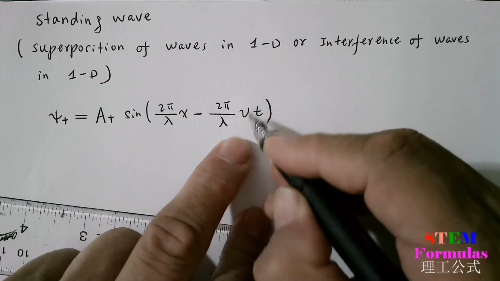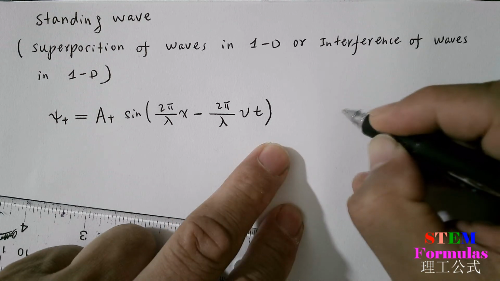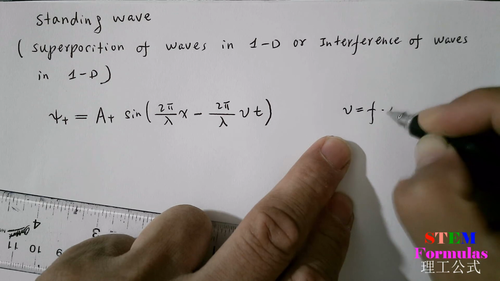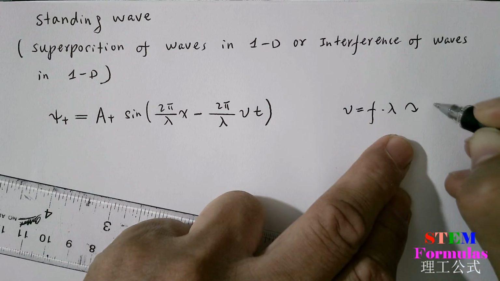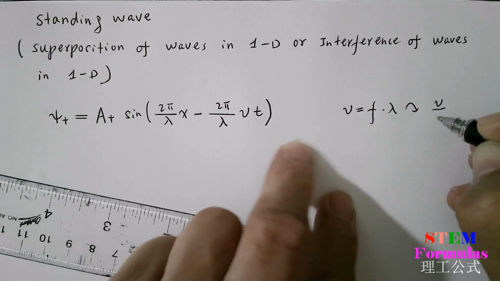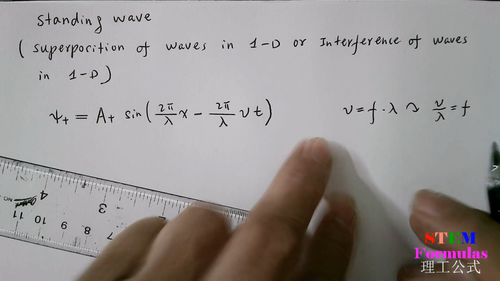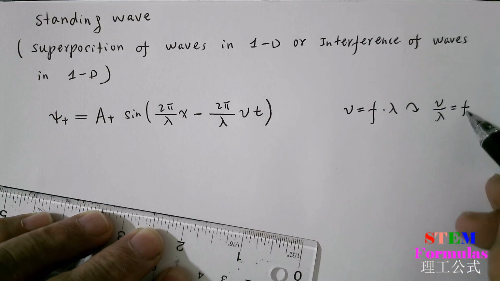We can also write v divided by lambda as f, because v equals f times lambda. Therefore v divided by lambda equals f, so we can replace v divided by lambda with f.